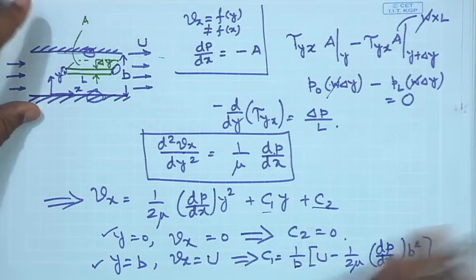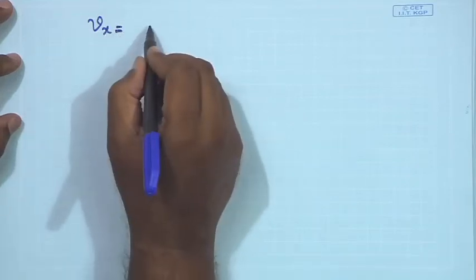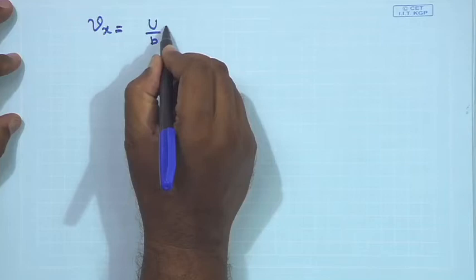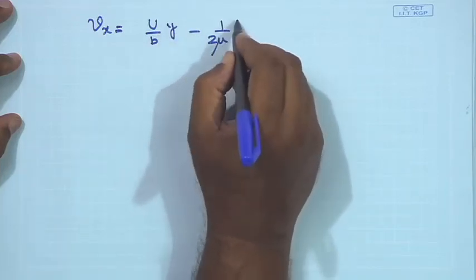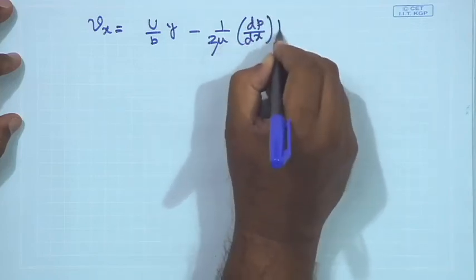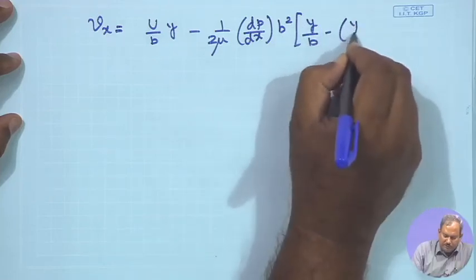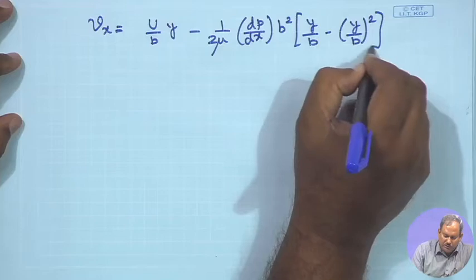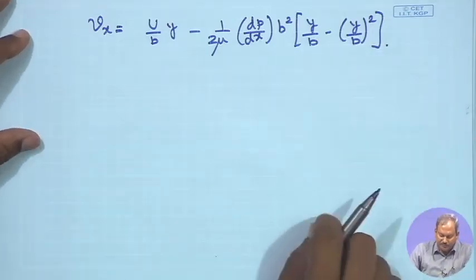So, if we substitute this in here, the final expression for velocity for a flow induced by the motion of the top plate, also sustained by the presence of a pressure gradient, would simply be equal to this. You should try to do it on your own. It is a very straightforward case, and this is what you would get.